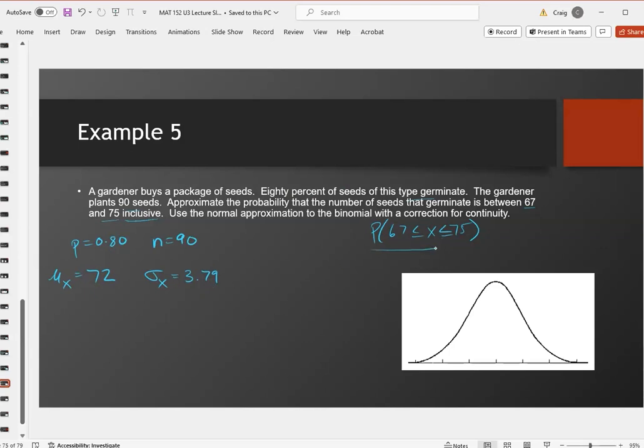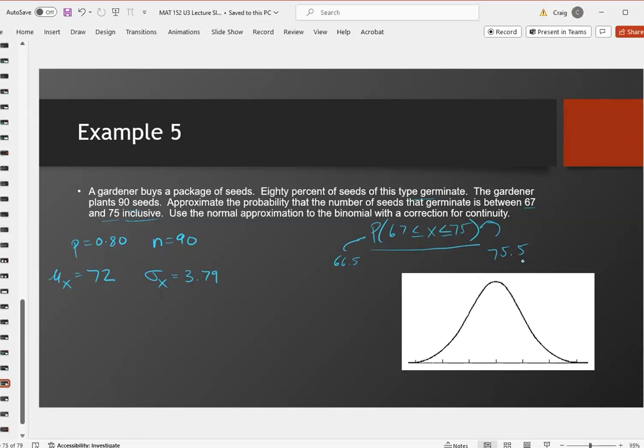We just have to apply our continuity correction to these values. If we're talking about equal to here, then 66.5 will round up to 67, and 75.5 will round down to 75.